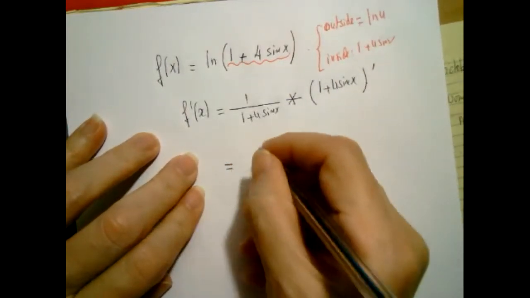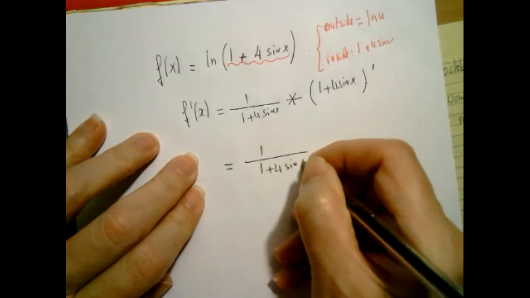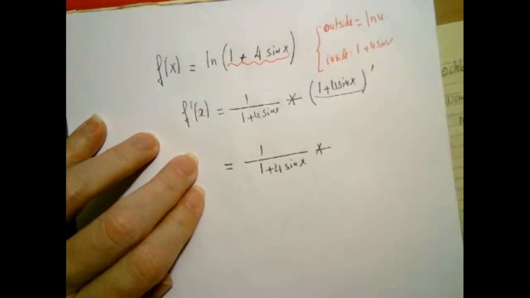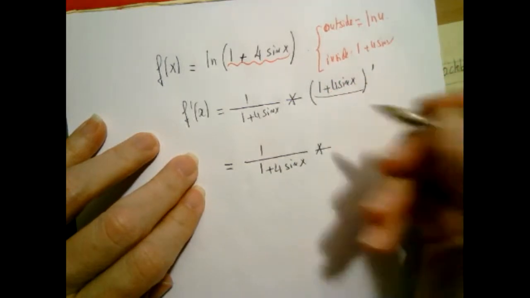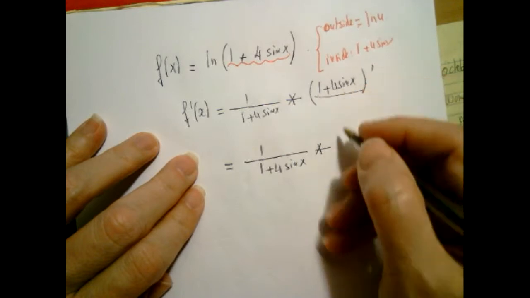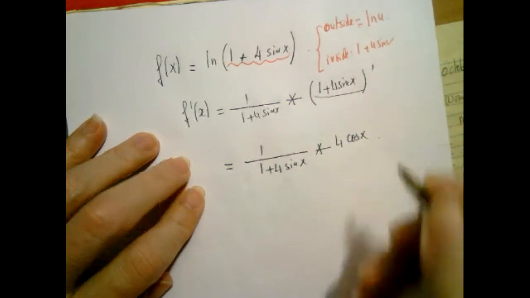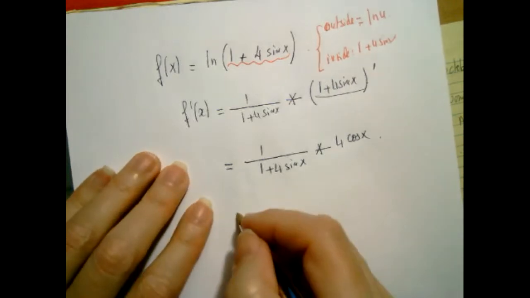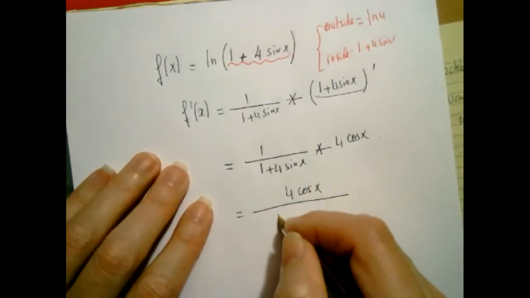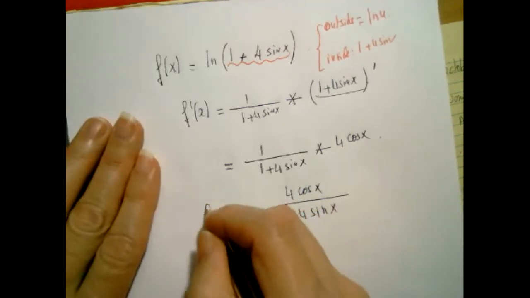And then this would give me 1 over 1 plus 4 sine x, times the derivative of 1 plus 4 sine x. Okay, derivative, that's a sum. Derivative of 1 is 0, plus derivative of 4 sine x. 4 is a constant. The derivative of sine is cosine. And then it will be nice to write it like this. It's 4 cosine x over that. And that's f prime.